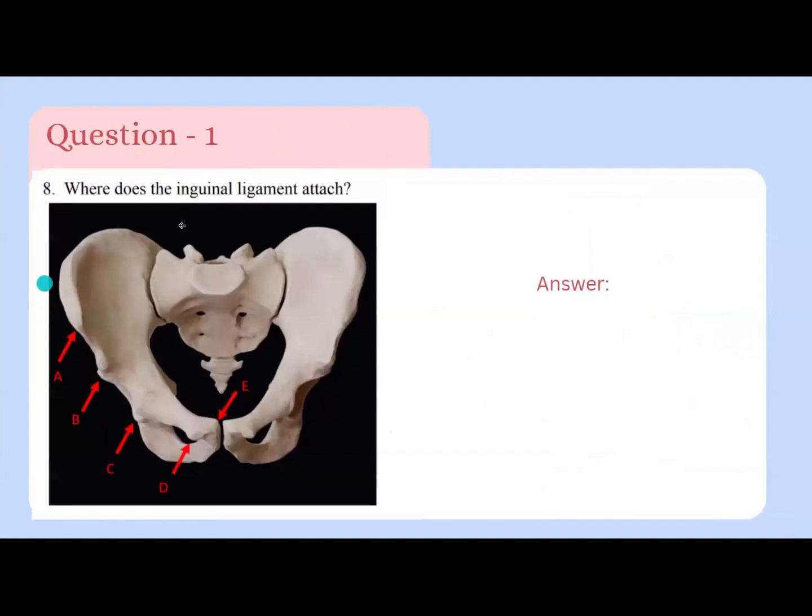So, question: where does the inguinal ligament attach to? Give me the letters.